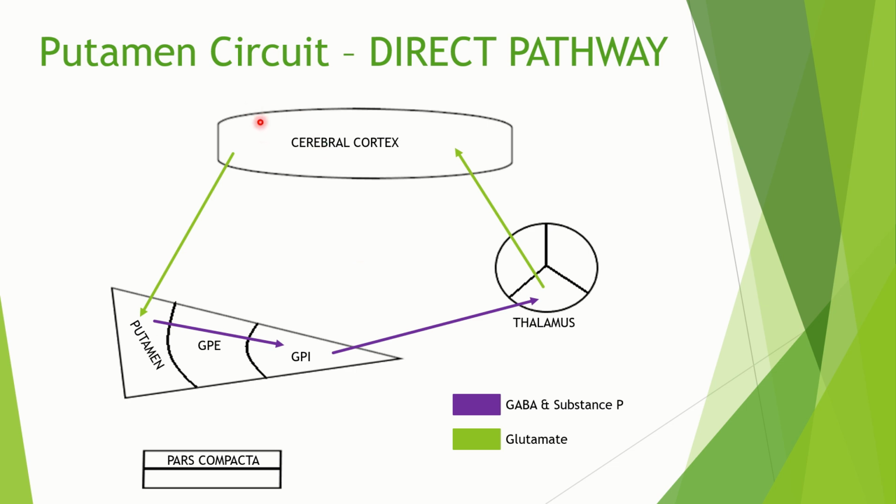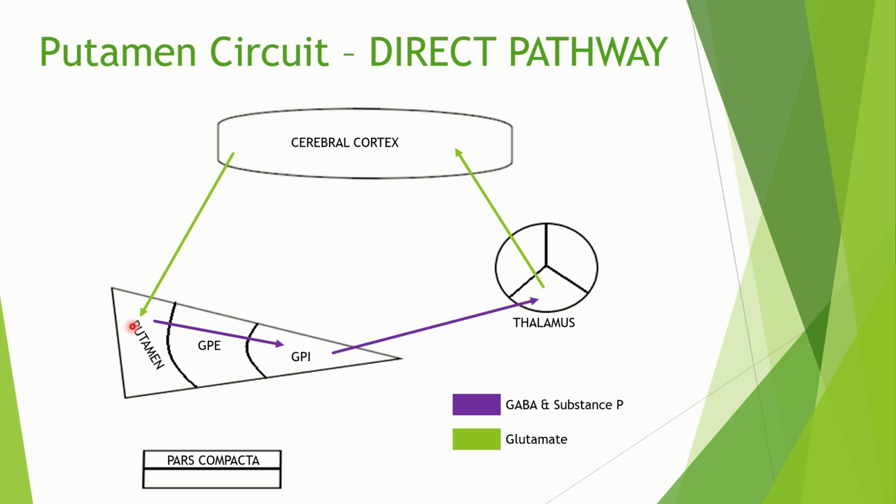So fibers from the cerebral cortex to the putamen, also known as corticostriatal fibers, are glutaminergic fibers. They release glutamate, and so they are going to stimulate the fibers that are next in line, known as the striatopallidal fibers.